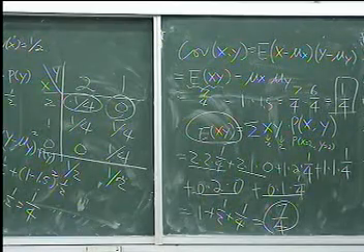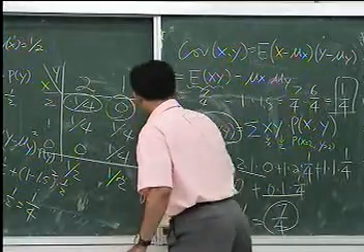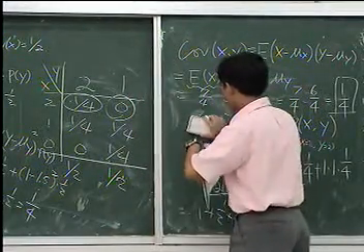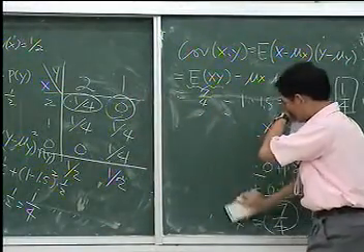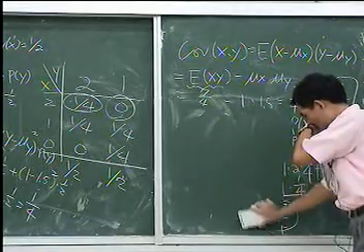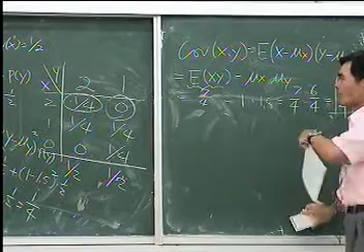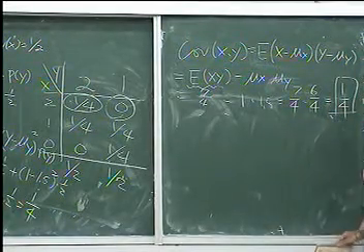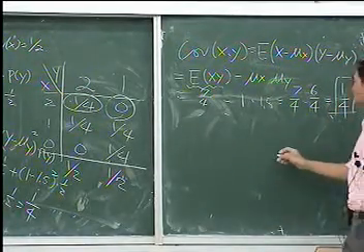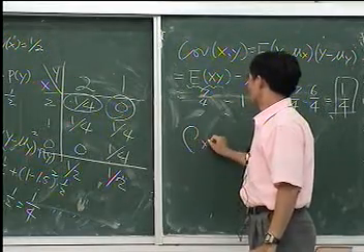But how closely are they related? If we want to figure out how close their relationship is, then we have to use rho xy.